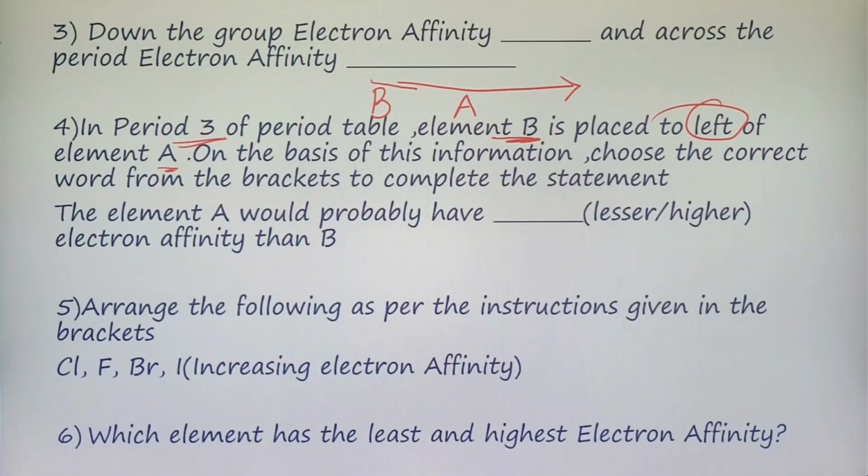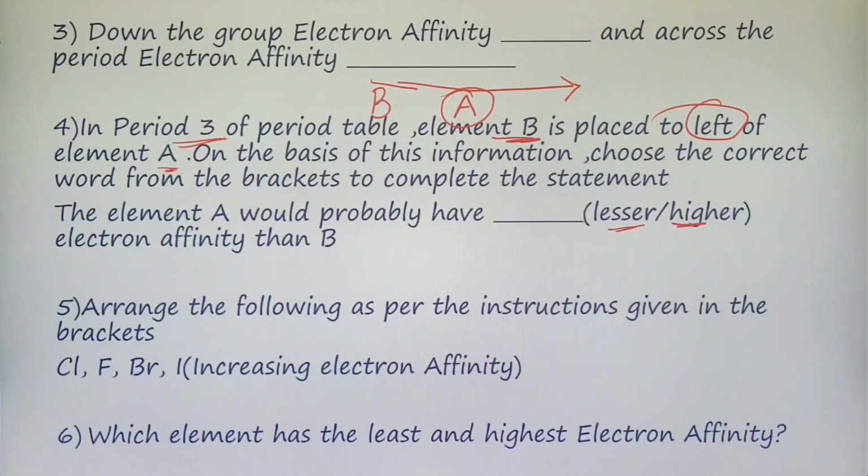So they are telling element B is placed to the left of element A. So element A is on my right. On the basis of this information, there is a fill in the blanks asked here. Element A, they are asking about this element, would probably have dash electron affinity. Will it be less or will it be higher?